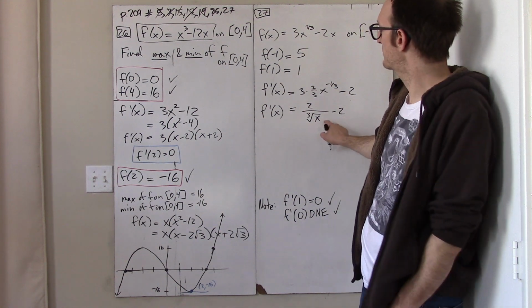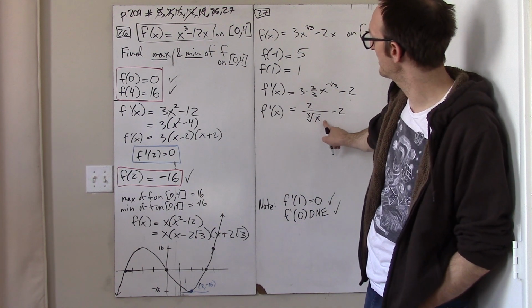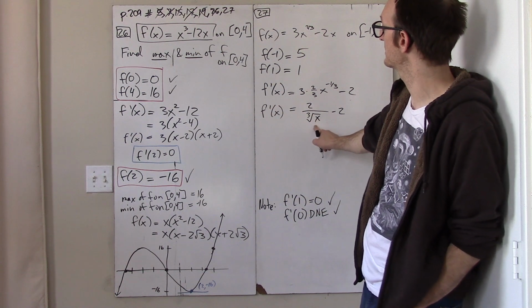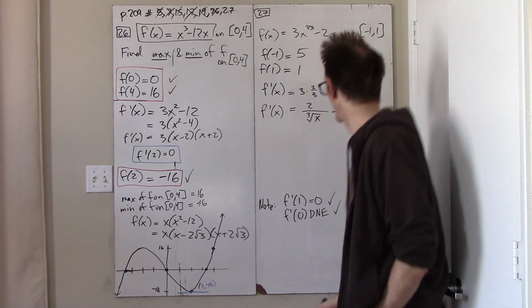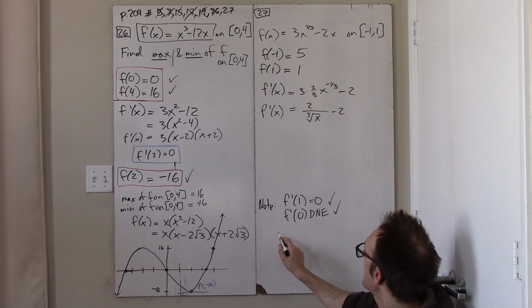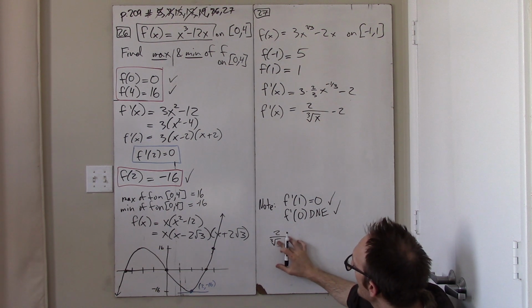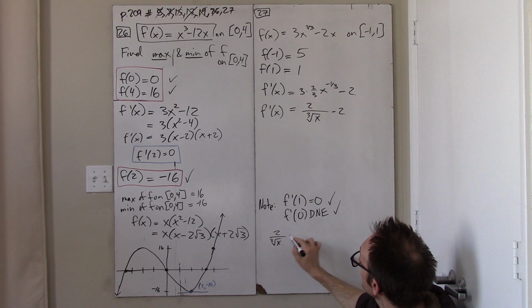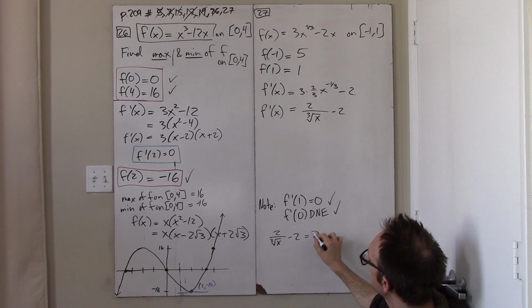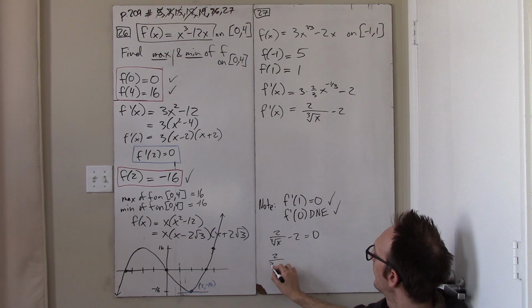If you weren't just able to look at this and see that the derivative would be 0 when x is 1, you could, I suppose, just solve by saying, when is 2 over cube root x minus 2 equal to 0? Well, that will happen when 2 over cube root x is 2.